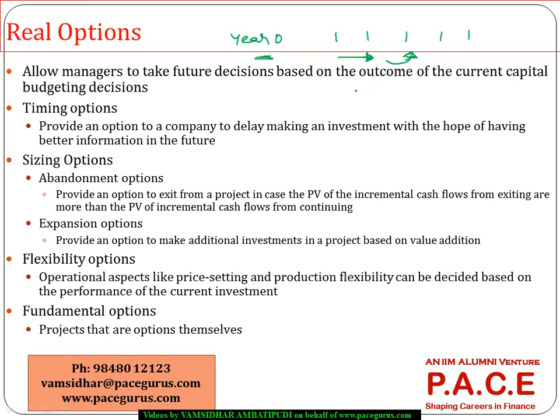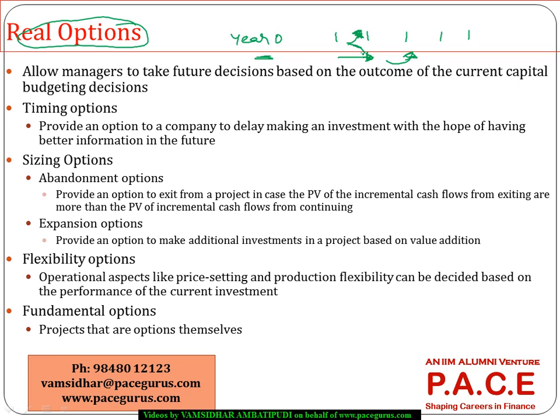So what we are seeing is, with the introduction of these real options, they are actually helping the managers to take much better decisions based on the outcomes of the capital budgeting decision. So if the capital budgeting decision is coming more and more profitable, they can go for expansions, price revisions, all those kind of scenarios.